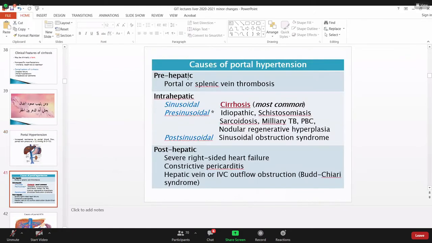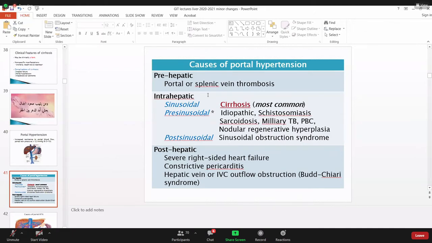عشان نفهم البورتال hypertension لازم نعرف إنه البورتال hypertension أو elevation in blood pressure could be pre-hepatic يعني قبل ما يفوت البورتال vein into the liver, intrahepatic inside the liver, sinusoidal اللي هو through the sinusoids, perisinusoidal أو post-sinusoidal أو post-hepatic بعد ما يطلع through the hepatic vein، ممكن يصير في elevation of pressure مع backward pressure يوصل على portal vein.